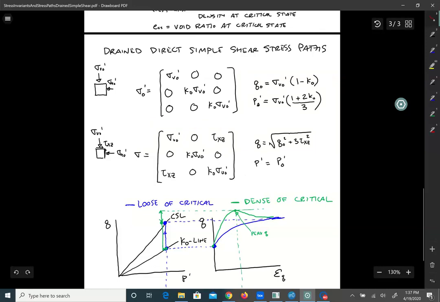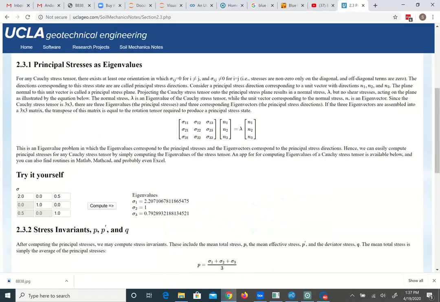This initial Cauchy stress tensor can be interpreted to figure out q_0, the initial shear stress invariant value, and p_0', the initial mean effective stress. And if you were to plug these values into the tool here, right? Let's say you plugged in a particular stress tensor. Let me delete this one. 0, and you compute, right? You get 2, 1, 1.